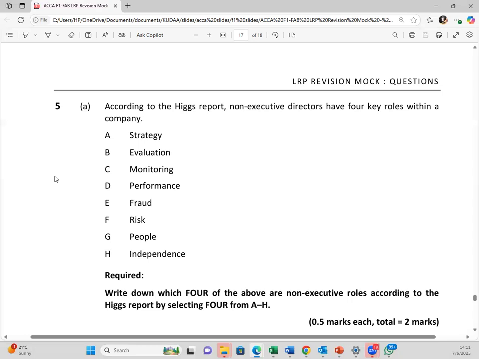So they're supposed to be watching over what the people in the organization are doing, and also consider whether the reports to the general public are not misstated. So they check whether what we are reporting to the rest of the people is correct. Are we not lying to them? So those are the 4.